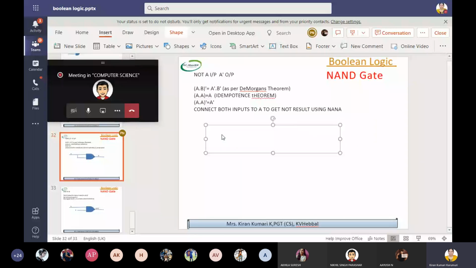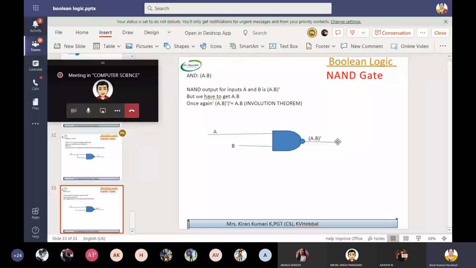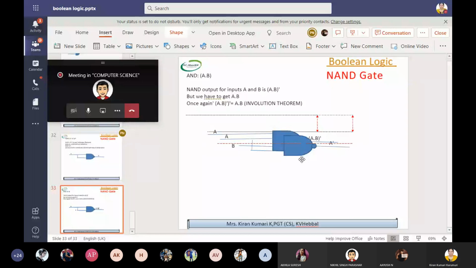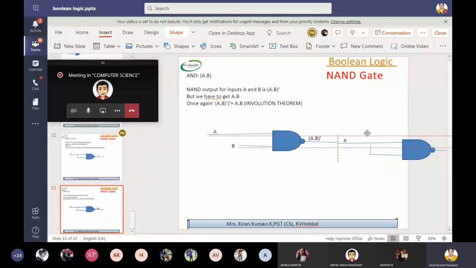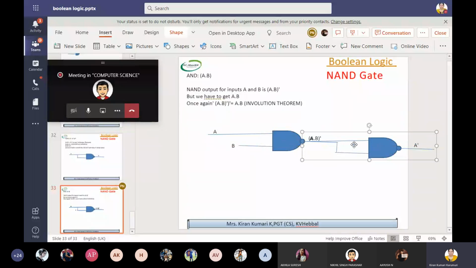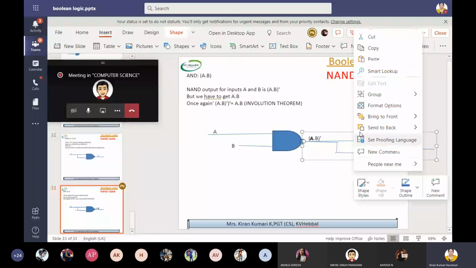Okay. So now what am I doing? This entire thing I am taking. So here A dot B dash has come to me. So A dot B dash, what will I do? I will send A dot B dash into this gate. Okay, it has come.